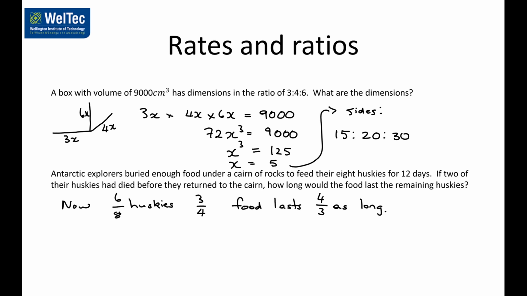So we need to divide, well, probably one way of doing it is to divide 12 by 3/4. And then that's 12 times the 4/3. We could have, either way, we could have come to the same answer. We could have multiplied it by 12 or divided it by 3/4. So then the food will now last for 16 days.